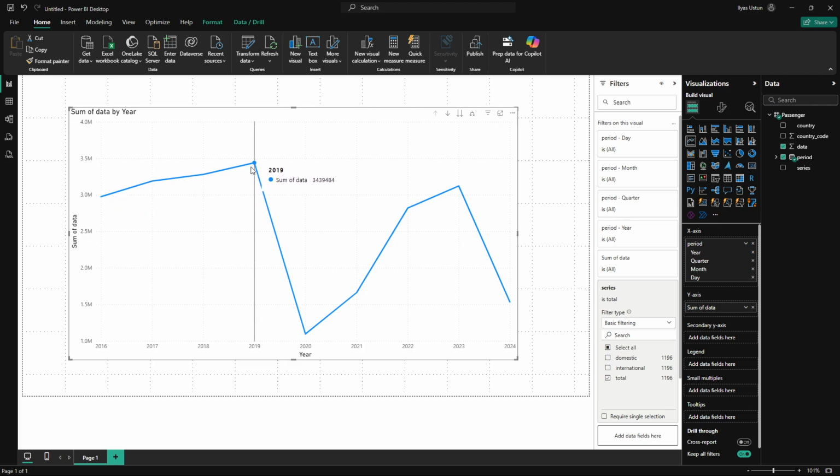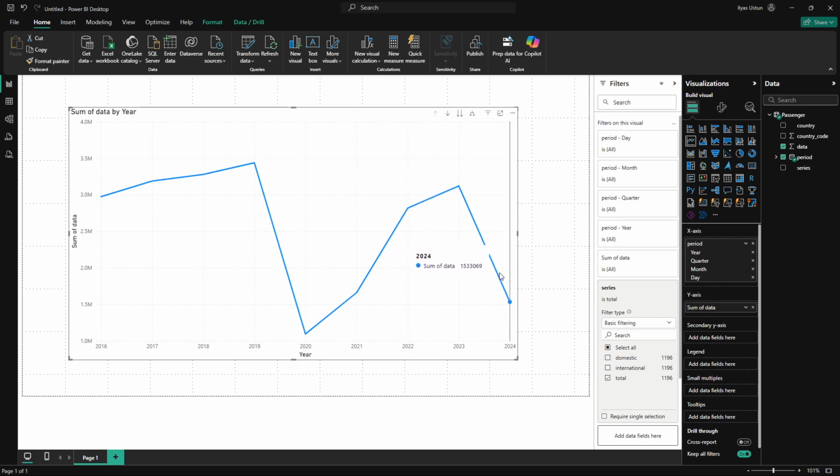You see this drastic drop from 2019 to 2020, and we all know what that is. It's pretty obvious: COVID and the shutdowns, so no more travel happening around the world. You can clearly see that pattern, and then it kept increasing afterwards.